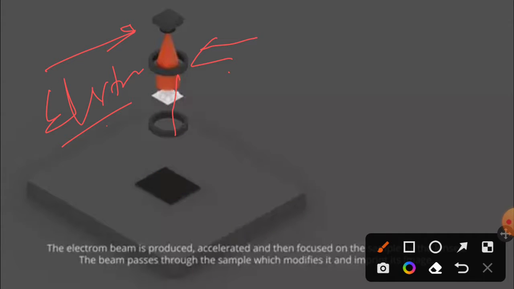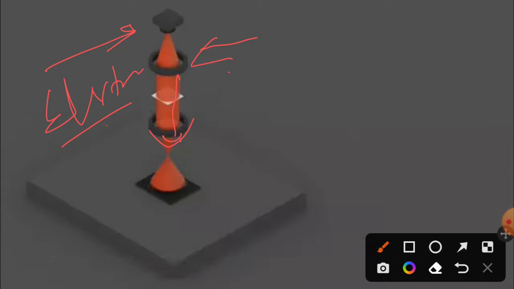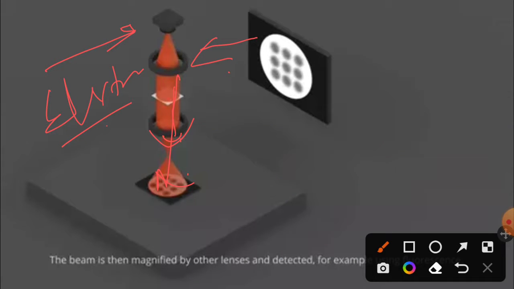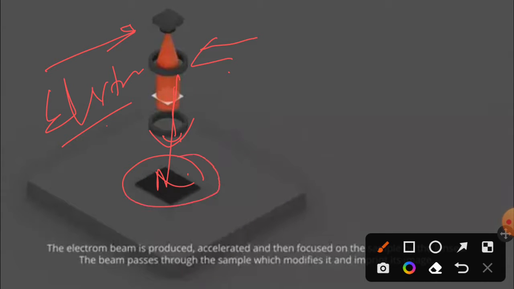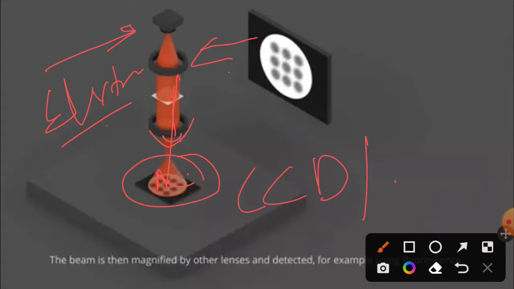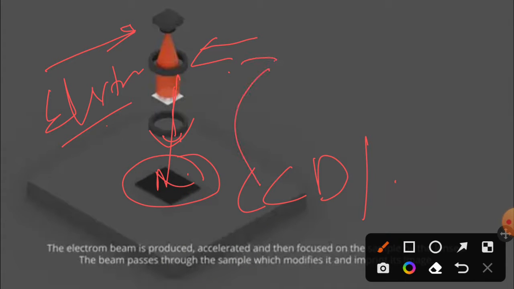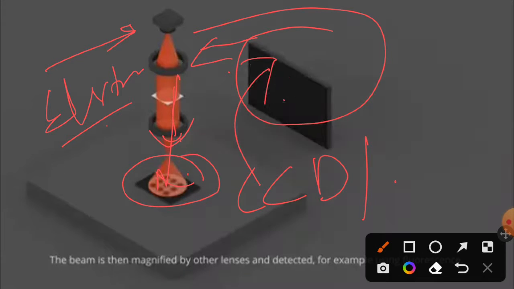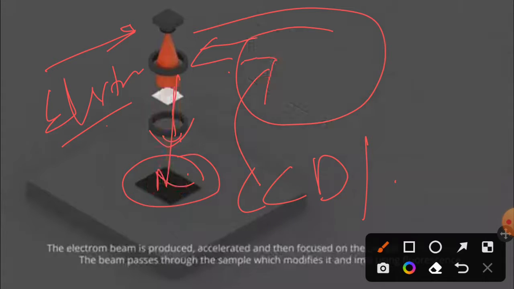Now from the specimen a portion of the electron beam will be transmitted, and after transmission it will be magnified and create an image on the CCD, the fluorescent screen or the photographic plate, and this image is then transferred to the computer and we get the image of the sample in real time. Okay, so that is the concept of transmission electron microscopy.